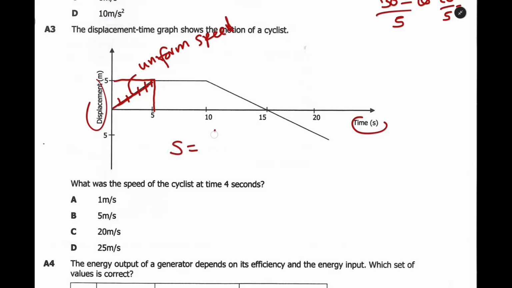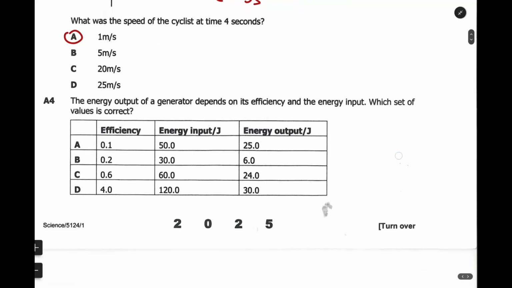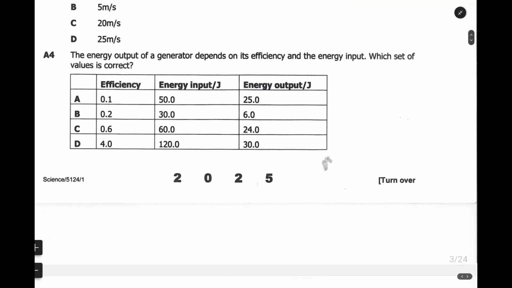So speed is equals to distance over time. So distance is 5 meters, time is 5 seconds. At this point, this gives us 1 meter per second, and therefore the speed is 1 meter per second. I guess you've gotten a thing. Let's proceed to the fourth question.